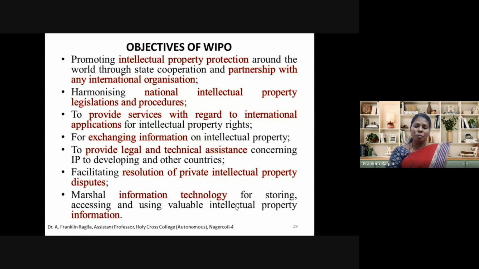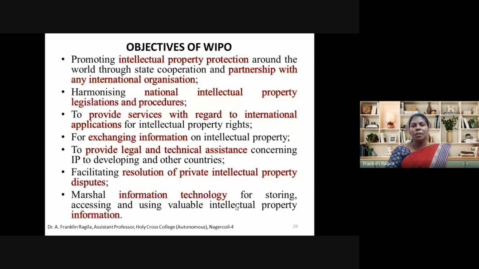Through state cooperation and partnership with international organizations. It also harmonizes national intellectual property legislation and the procedures to be followed for intellectual property. And it also provides services with regard to international applications for intellectual property rights.